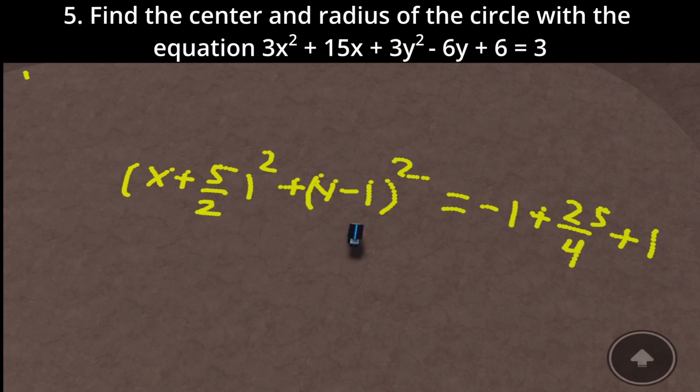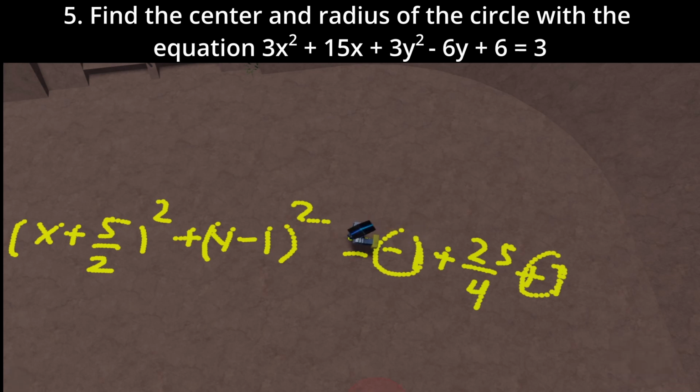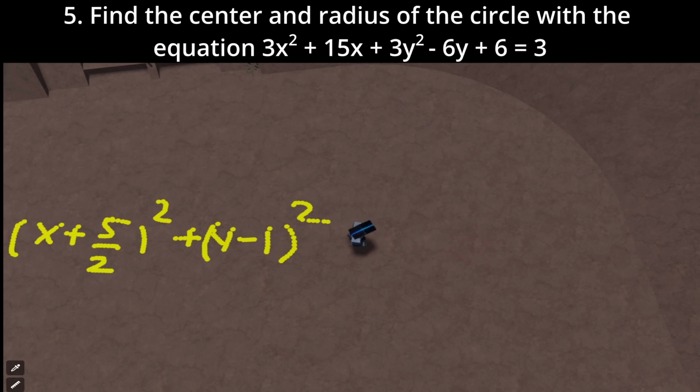Now let's simplify the numbers here. We have minus 1 plus 25 over 4 plus 1. So notice that this minus 1 and this plus 1 will cancel, and we're just left with 25 over 4. So this whole thing is just equal to 25 over 4.